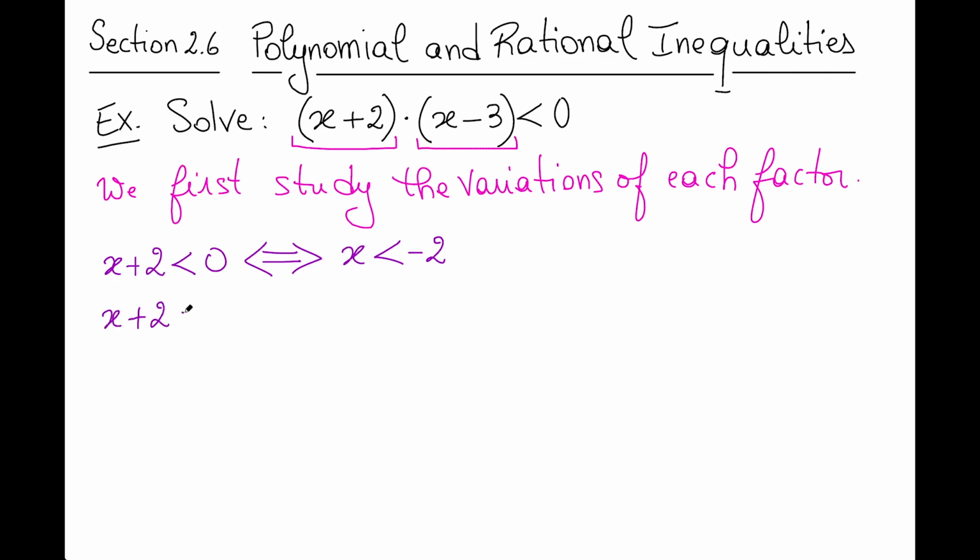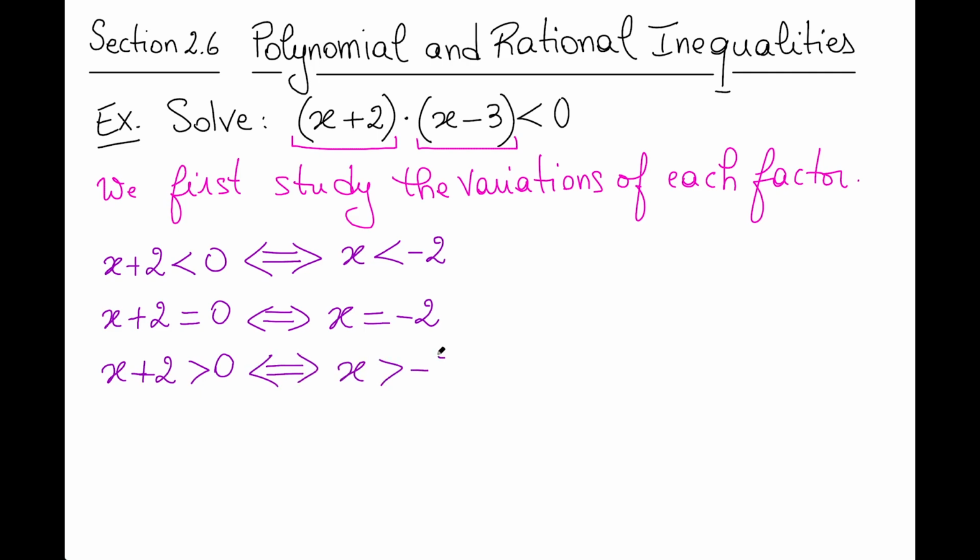Well, x + 2 is equal to 0 exactly when x is equal to negative 2. And x + 2 is greater than 0 precisely when x is greater than negative 2. So I know the variation of this first factor, x + 2.